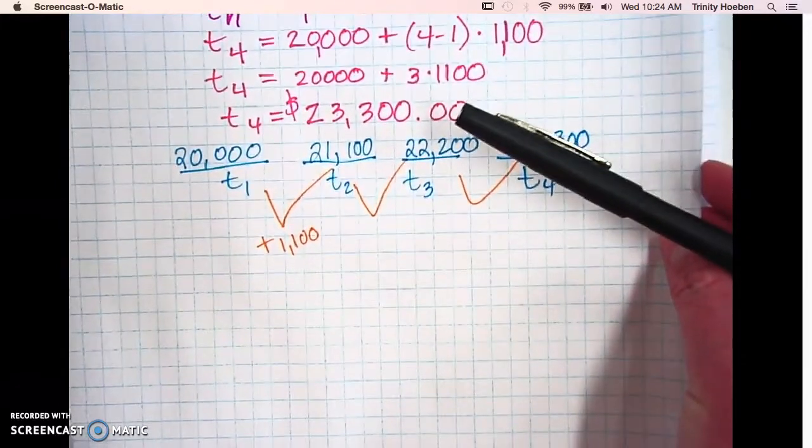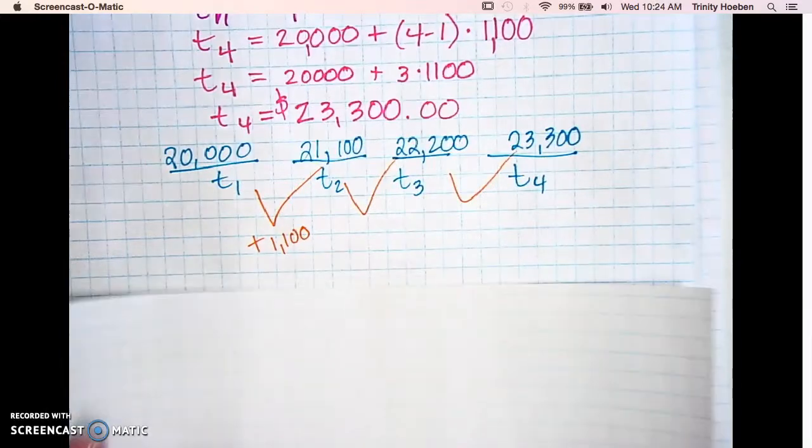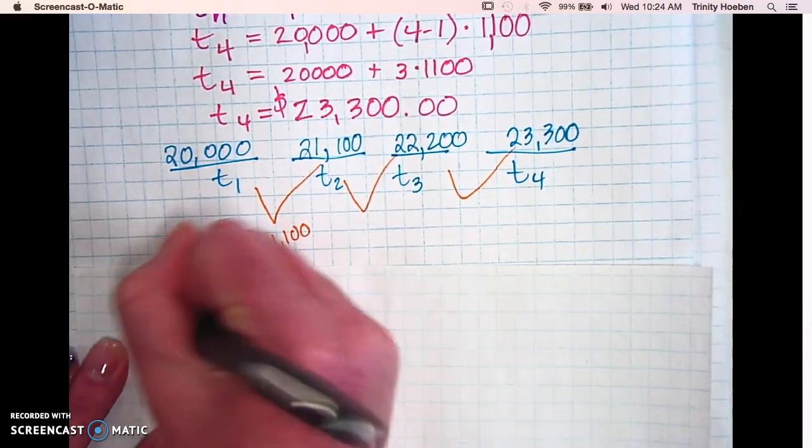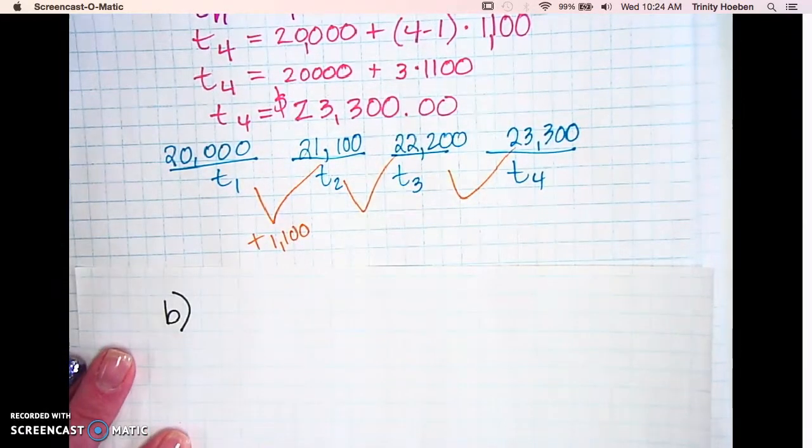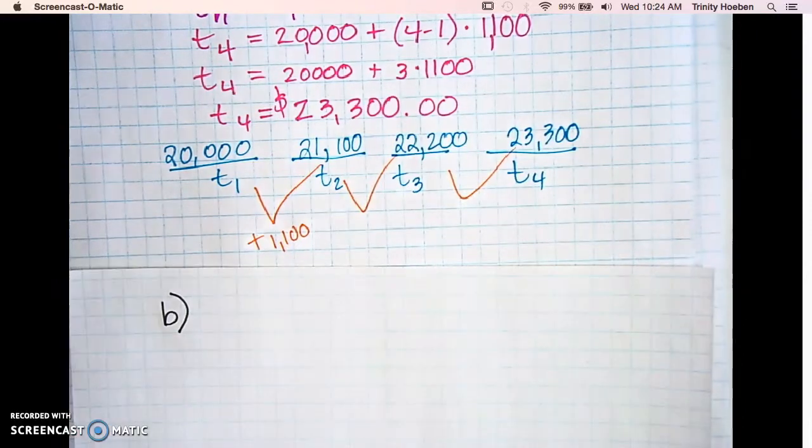Okay. I think I can move it up and it can still be fine. All right, so now let's do it with the 5%. Okay, so same question, still George. He still starts off his first year making $20,000, but this time his salary is going to increase by 5%.